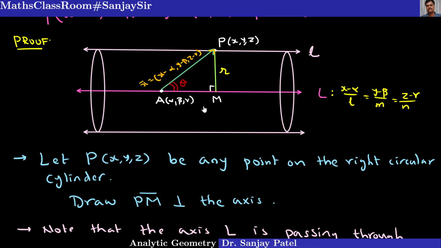The angle theta is the angle between the vector AP and the line L. So the direction of the line L I can take as the second vector, which I am calling y bar, and it is nothing but the same as the direction l, m, n of this axis. So theta is also the angle between these two vectors x bar and y bar.